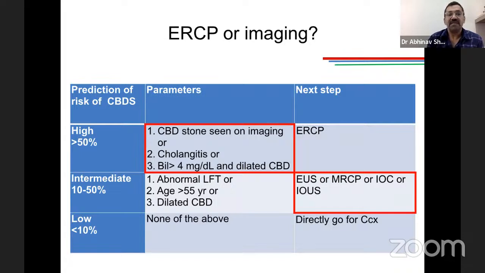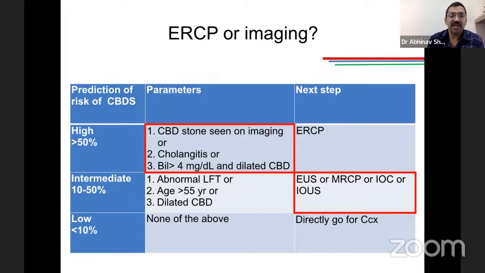Now, to diagnose CBD stone, whether we should go for ERCP or imaging. The latest ACG guideline 2019 has clarified this issue with almost certainty. If suspicion is high, that is if CBD stone is seen on imaging, or if there is cholangitis, or bilirubin more than 4 in conjunction with dilated CBD, then chances of CBD stone are very high, more than 50%, and the next step would be ERCP.